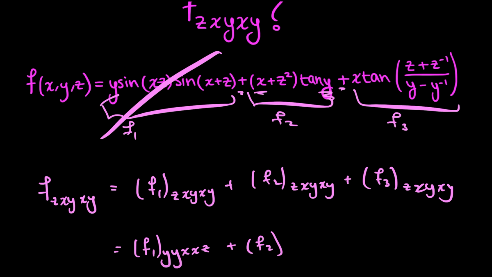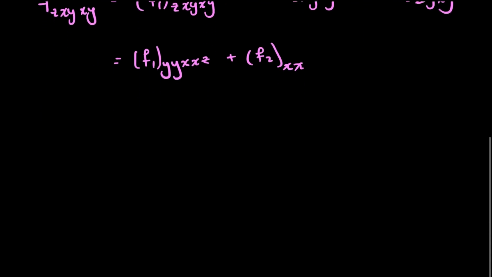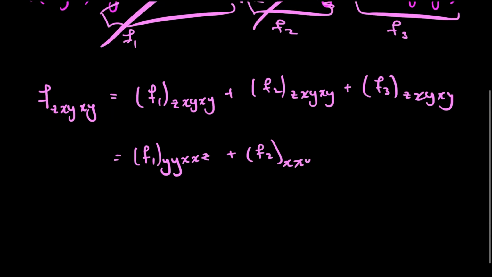If I take the derivative with respect to x first, then I'm only left with a function with respect to y. If I take the derivative again with respect to x, then the whole term goes to 0 as well. And then again, for the sake of symmetry, I will be including the other variables.